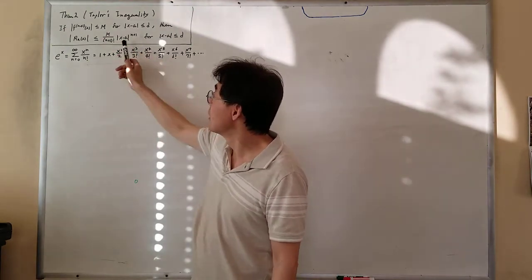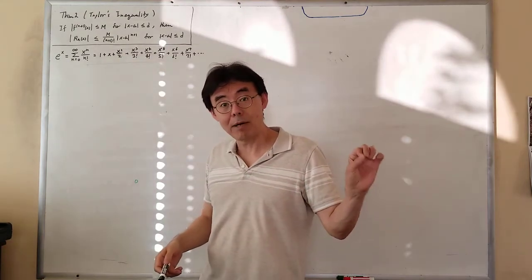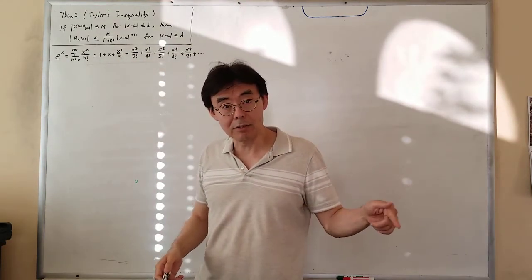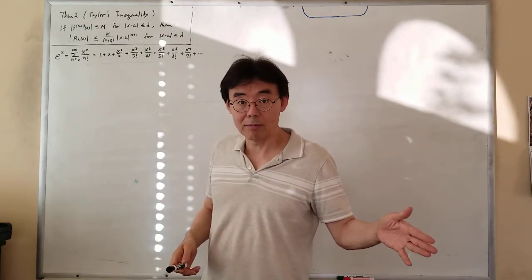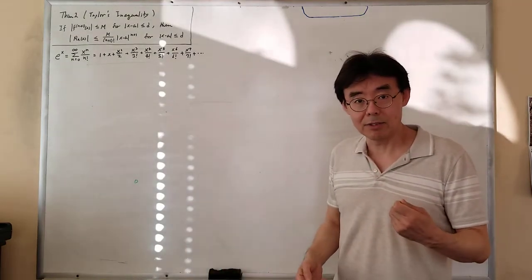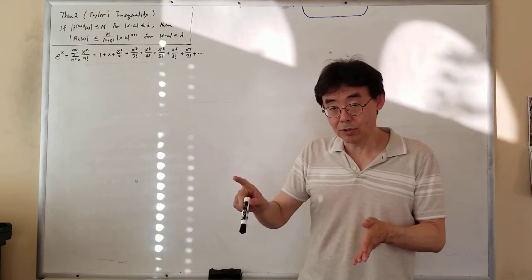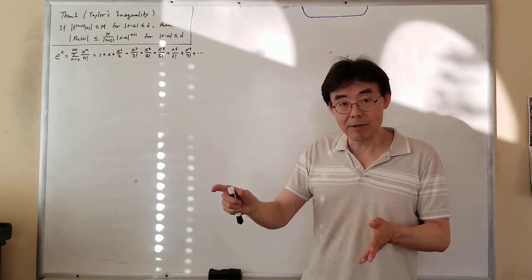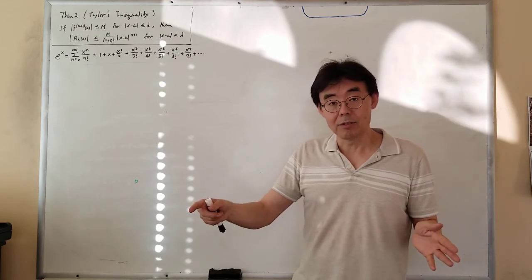And I told you that this is basically an upper bound of the n plus first power term of the Taylor series, the first term you discarded in the approximation. It's kind of similar to the alternating series estimation theorem, right? For an alternating series, when you satisfy those two conditions, absolute value of a n decreasing and going to 0, then the alternating series converges.